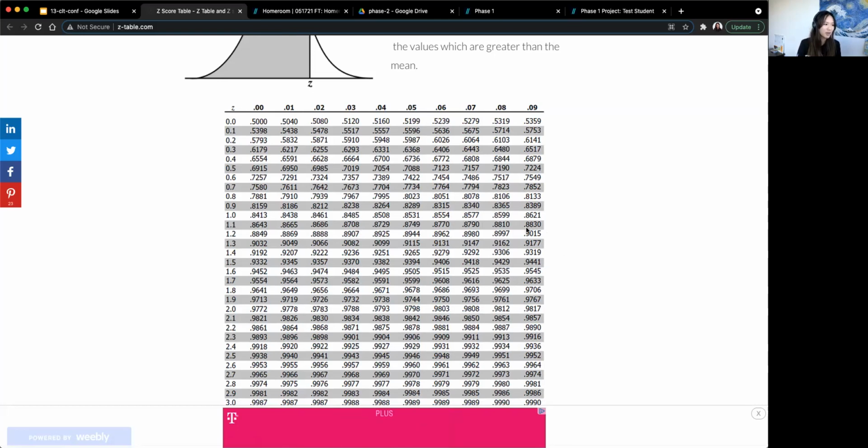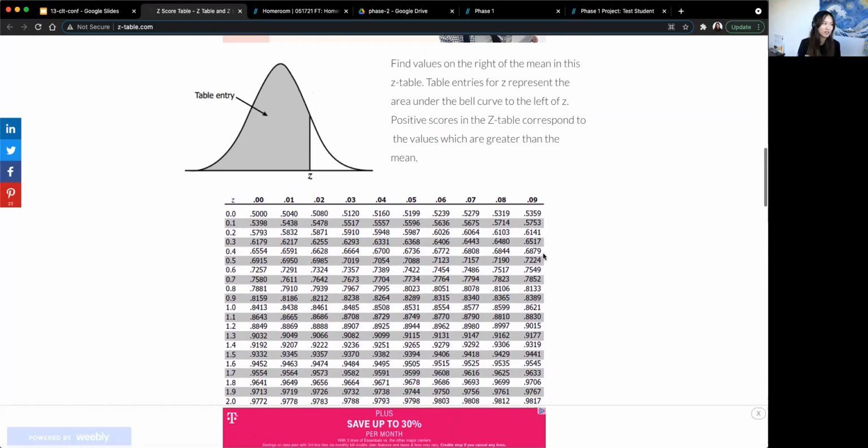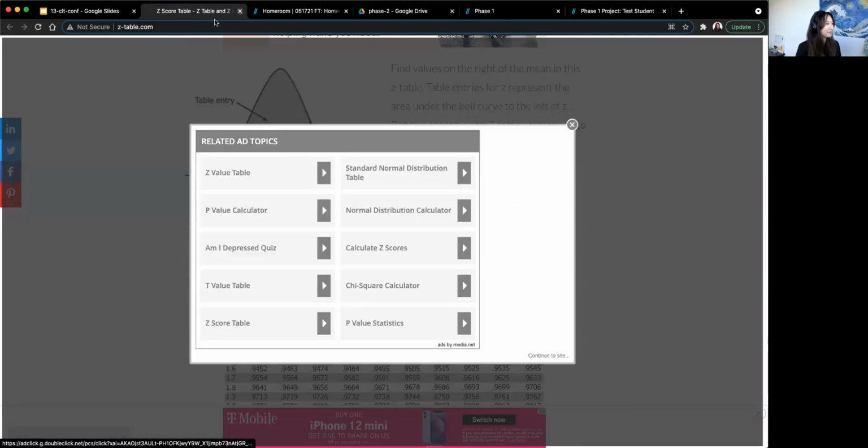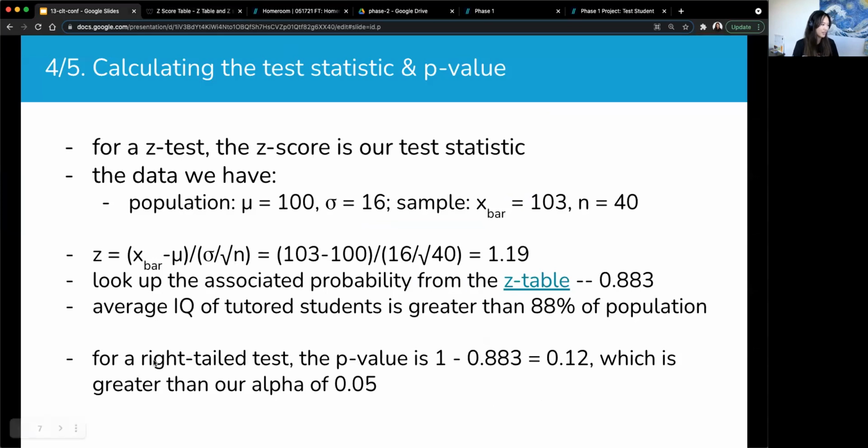So the associated probability here is 0.883. Therefore, with a z-score of 1.19, this shaded area to the left is 0.883. That's just saying that the average IQ of the tutored students is greater than 88% of the population.